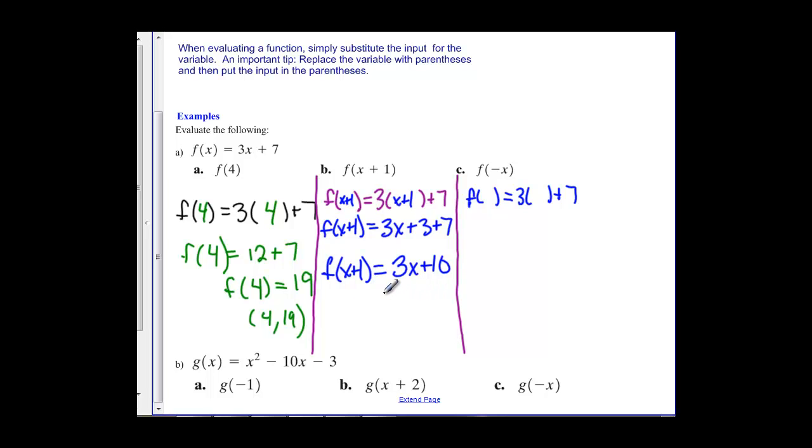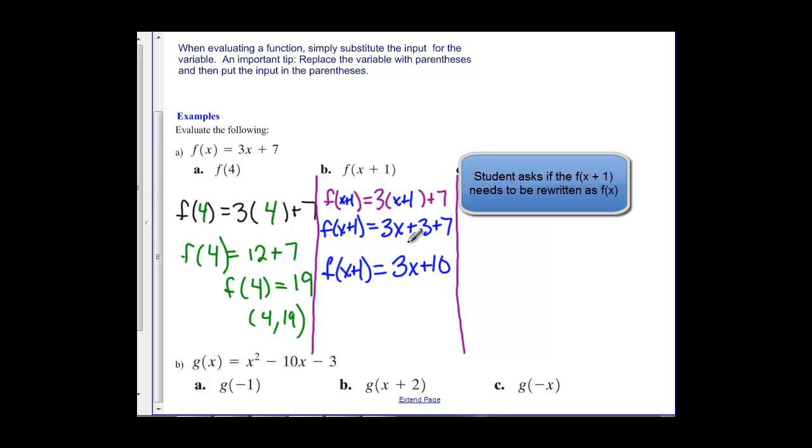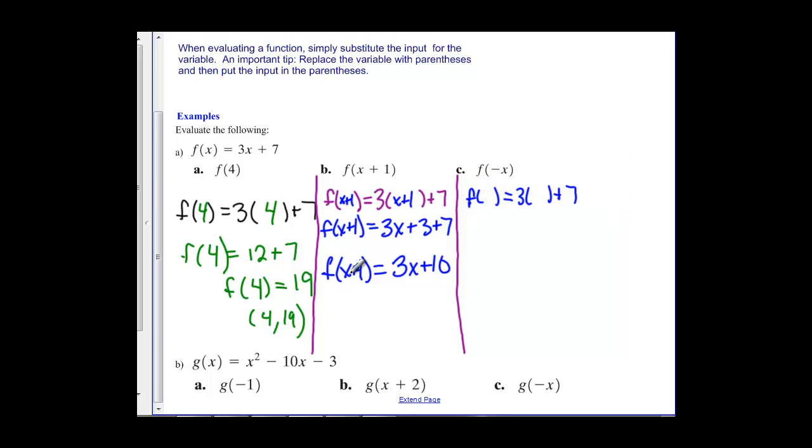This one you're not going to have coordinates for. Very good question. On the left-hand side, you're going to keep it f of x plus 1. Basically, the f of whatever is going to stay f of whatever through the rest of that problem.